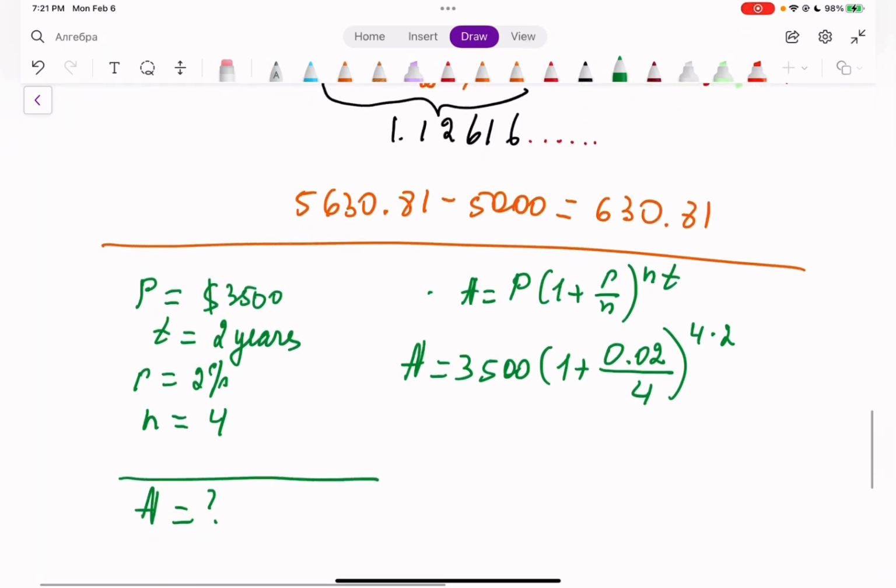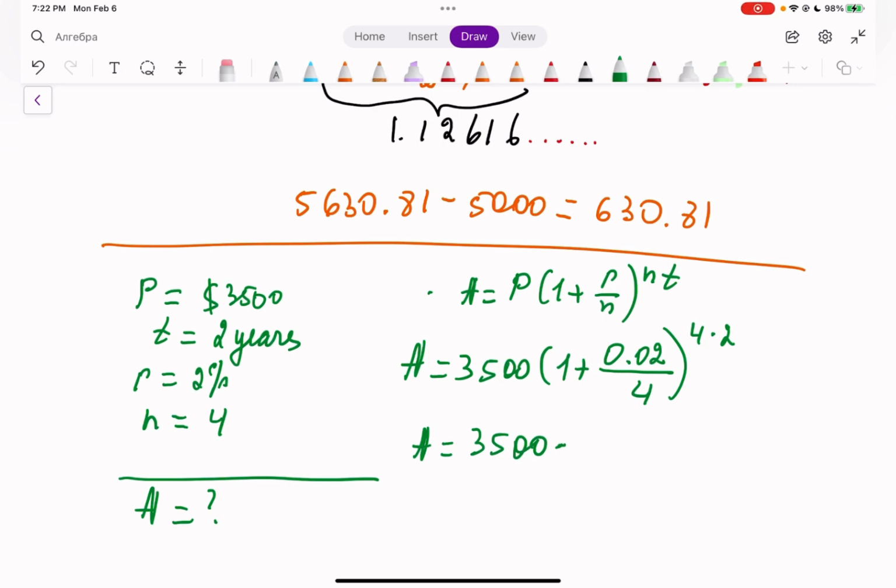Okay, so we are getting 3,500 times, let's see how far I'm getting with this calculation. 0.02 divided by 4, I'm getting 0.005, plus 1, it's going to be 1.005, raised to power 8, because 4 times 2 is 8.